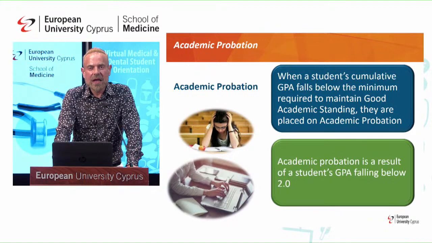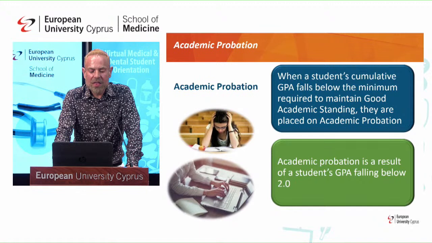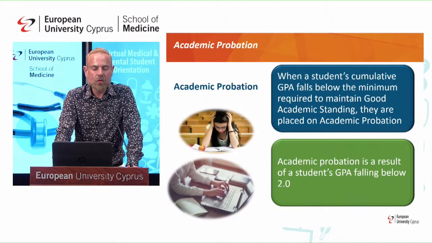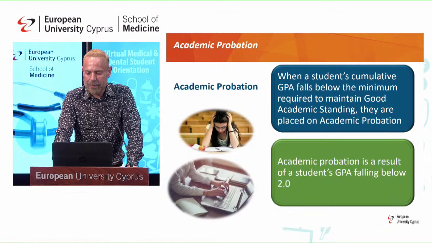A student can also get what we call the probation letter, and the situation for that is called academic probation. The academic probation is a letter, let's say a letter of warning, which is sent to the students when their GPA falls below 2, and as a result, it is not a passing GPA.